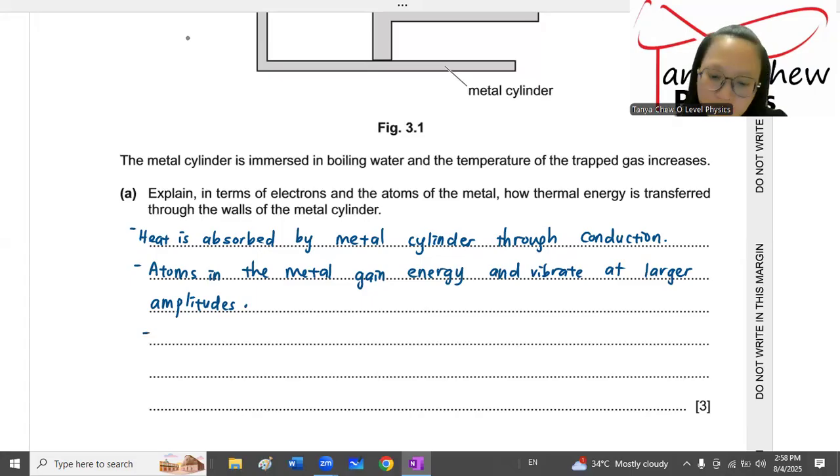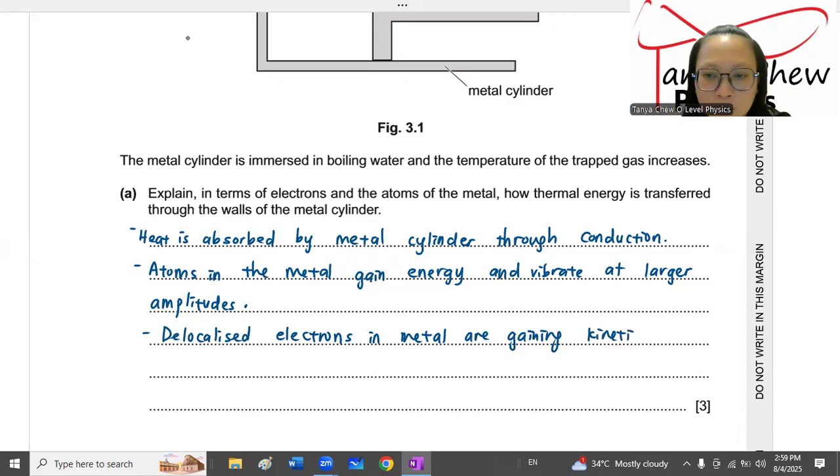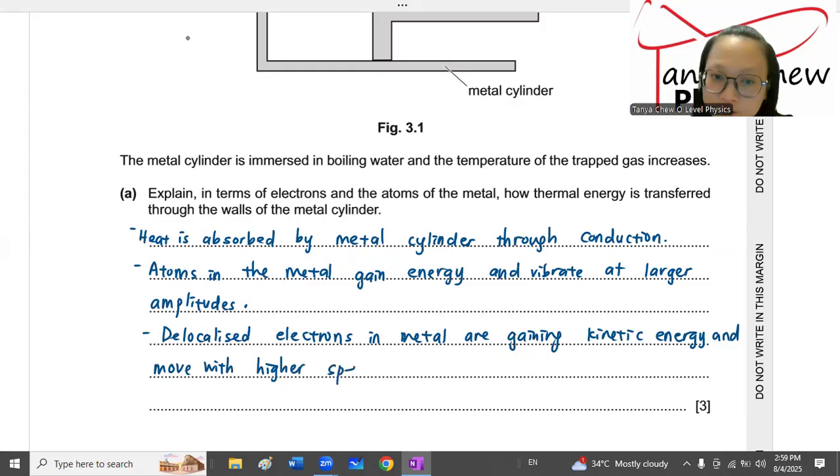Delocalized electrons in metal are gaining kinetic energy and move with higher or larger speed, or move faster.